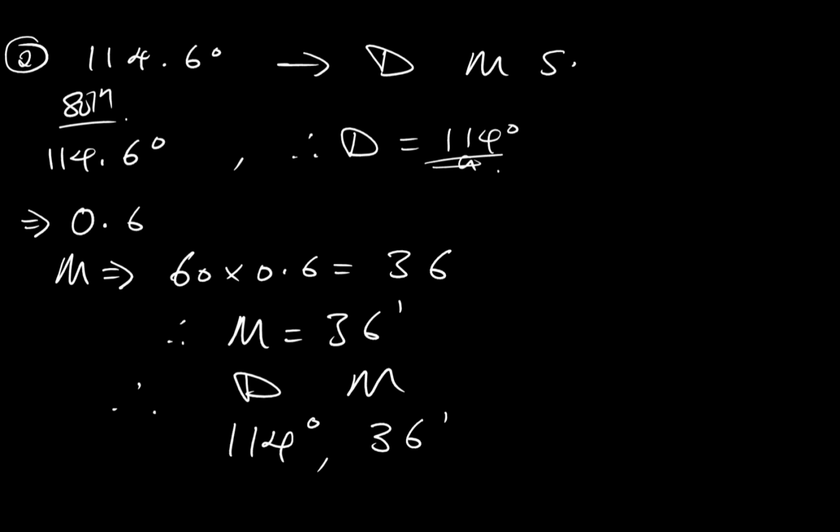If you want, you can put the seconds. It's up to you. You can say 0 seconds to show that you are professional. But I feel like since there are no seconds, why include them? So you can also just leave it without the seconds. So that's your answer. Then let's look at the last example.